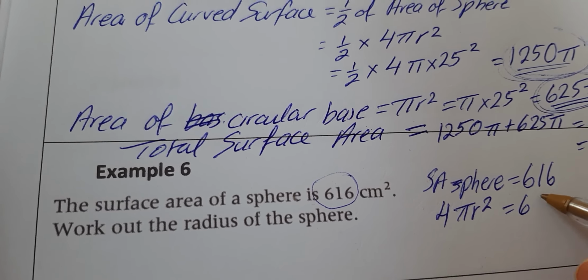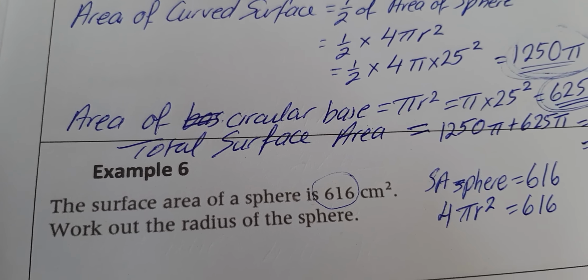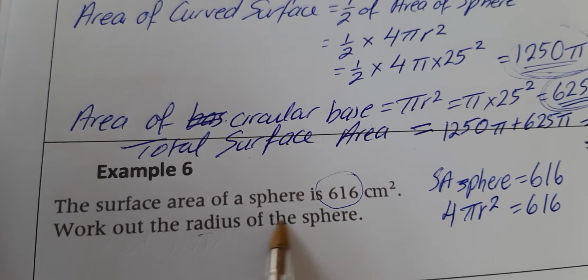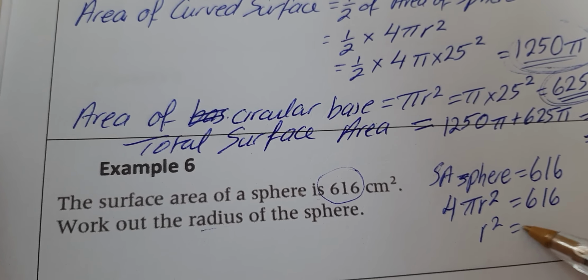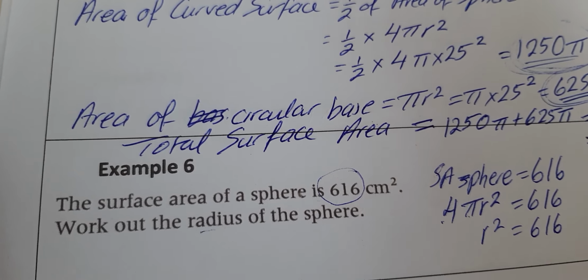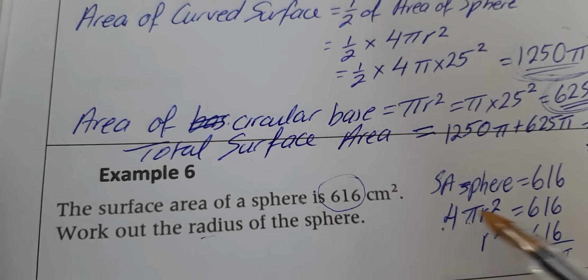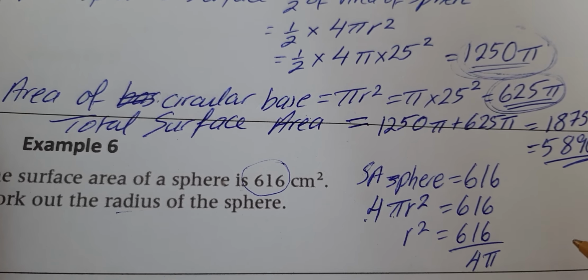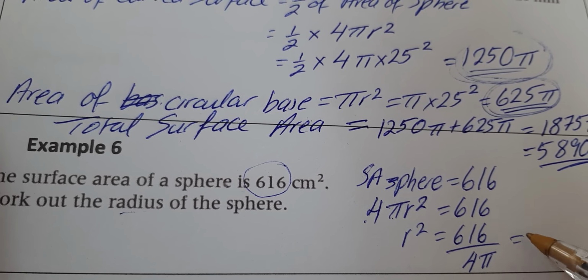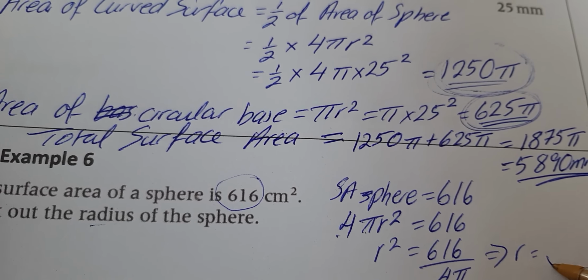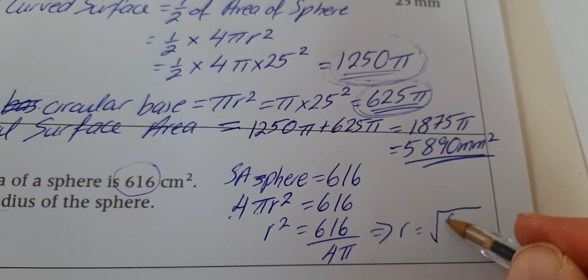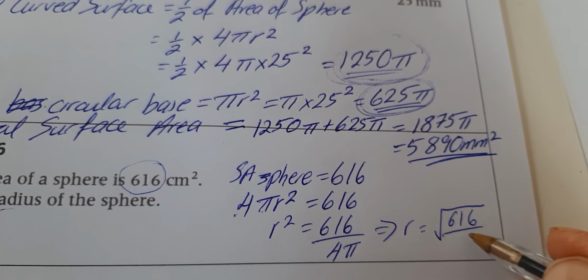So 4 pi r squared equals 616. So we're trying to work out the radius here. So r squared equals 616. Let's take the 4 pi underneath because it's multiplied over here. It goes under. So that implies that r must equal the square root of 616 over that 4 pi.